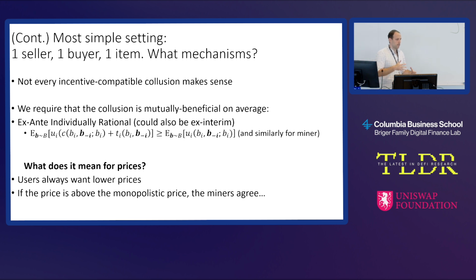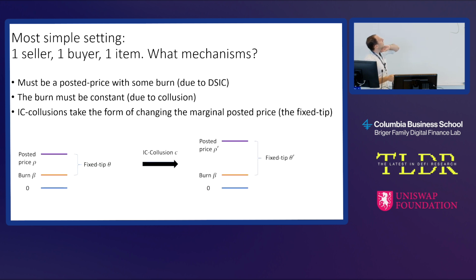But in our case, it's something that is cooperative and needs to benefit all of them. So we require that the collusion that we impose is going to be, on average, good for everyone. Okay, so because we had this characterization for the single seller, single buyer case, the collusion takes us from one such structure to another.